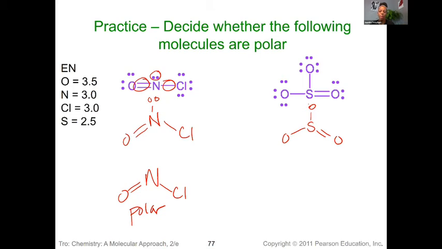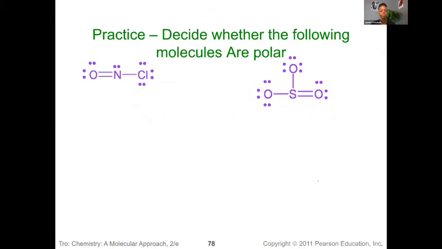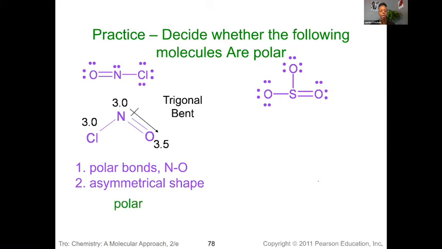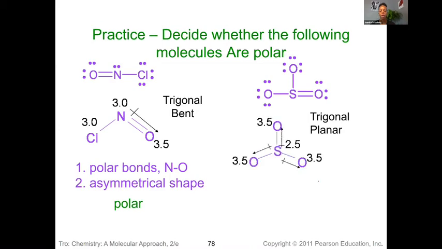There's the double bond there, but that just means it's pulled a little tighter, it's a little shorter, but it's still the same atom. And so overall, we have polar bonds, but we do not have an unsymmetric pull. And so we would say that this is going to be nonpolar. Okay. So again, you can see that breakdown here where we have a polar molecule, we have that difference in electronegativity versus our nonpolar molecule. Okay, good.